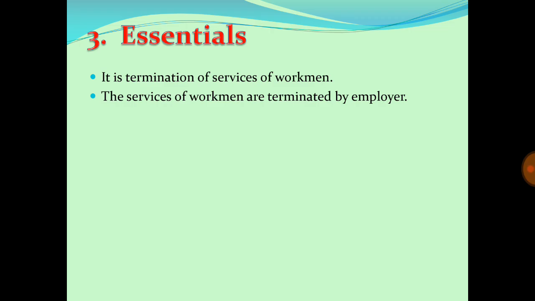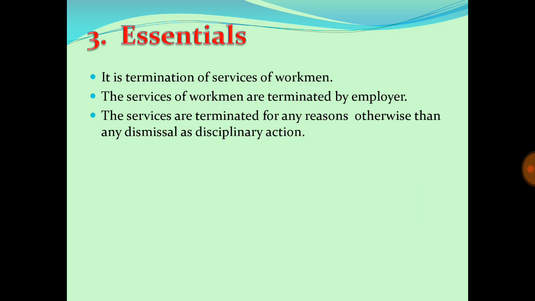Then the services of the workman are terminated by the employer, so there must be an employer-employee relationship at the time of termination. Third essential is that services are terminated for whatever reason, but not as a result of disciplinary action or punishment. The termination should not be in the form of punishment to that workman.